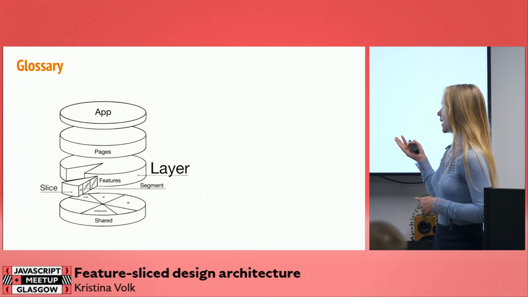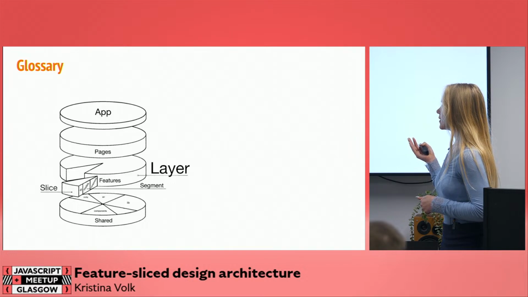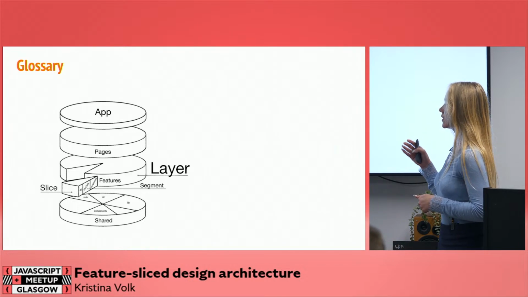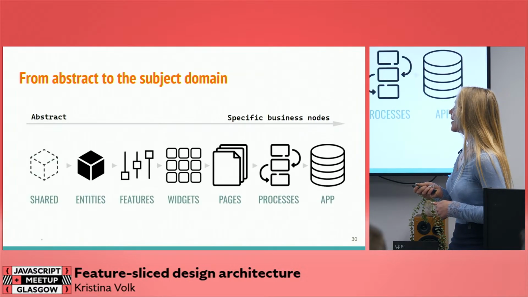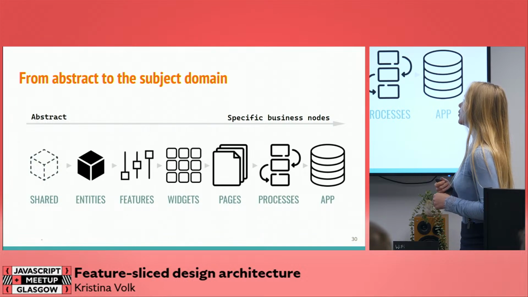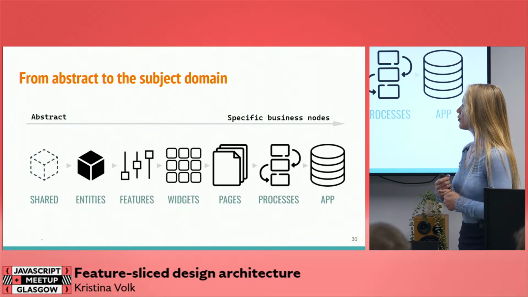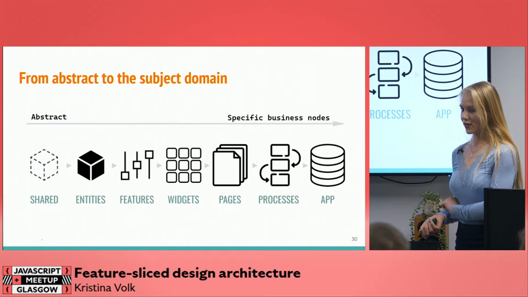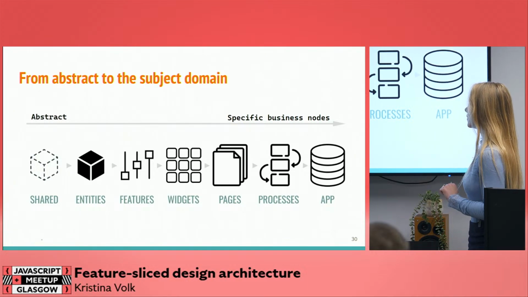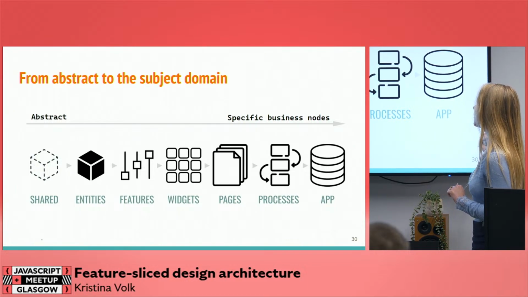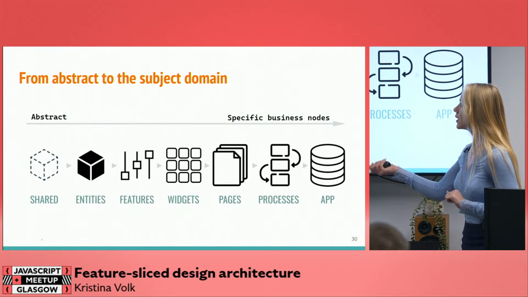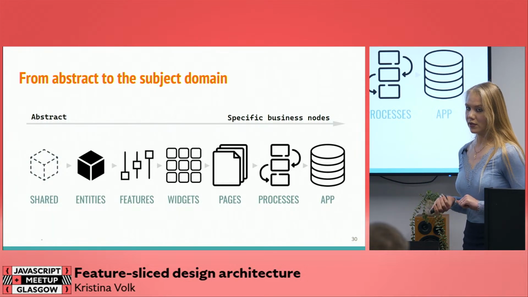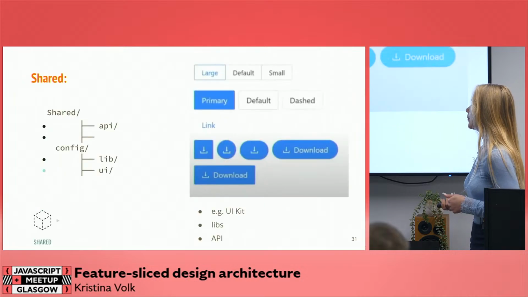And also we have segments. This is the stuff a slice is made up of. We can notice that we go from something very abstract, like shared, to very specific business domains that actually hold a lot of knowledge about our application, because shared doesn't know anything about the specific needs of the project.